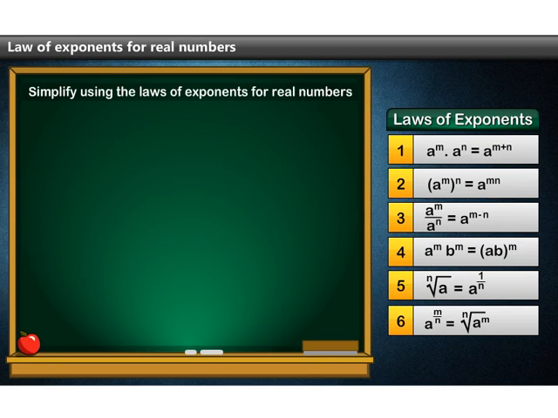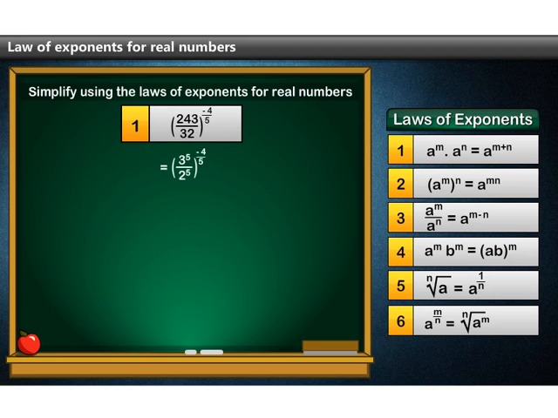Simplifying using the laws of exponents for real numbers: 1. 243 by 32 raised to the power of minus 4 by 5. This expression is written as 3 to the power of 5 divided by 2 to the power of 5 raised to the power minus 4 by 5.